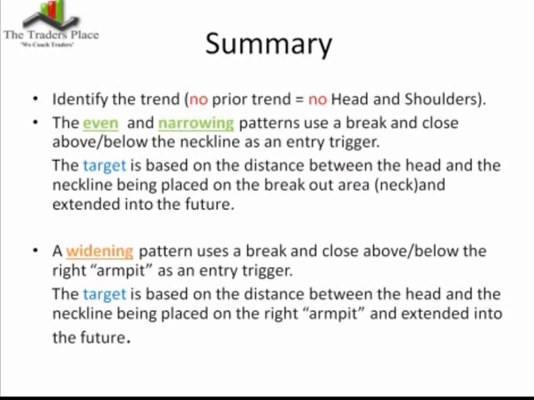So where the candle breaks, you can put your target there and extend that into the future price-wise. The widening pattern uses a break and close above or below the right armpit as an entry trigger, as opposed to the neckline. The target is also based on the distance between the head and the neckline, placed on the right armpit and extended into the future.